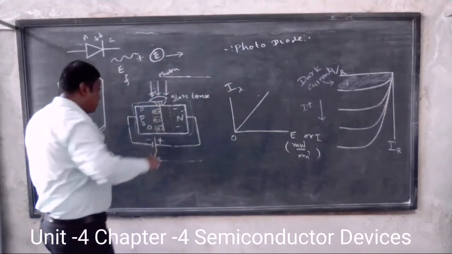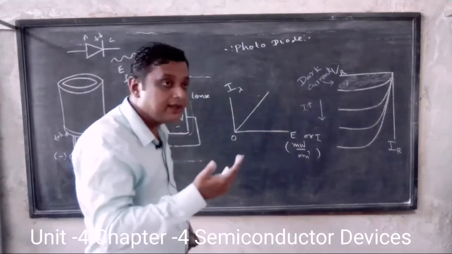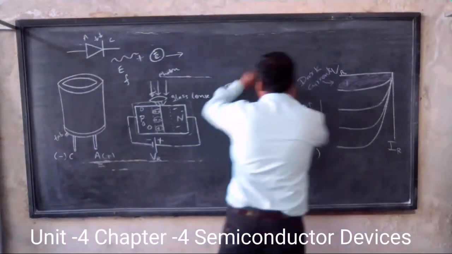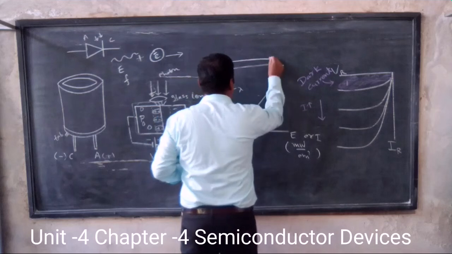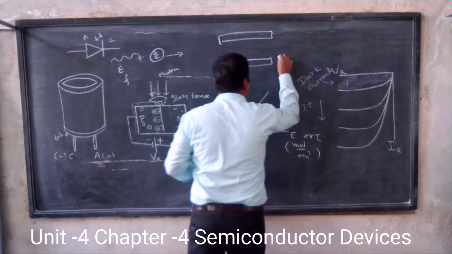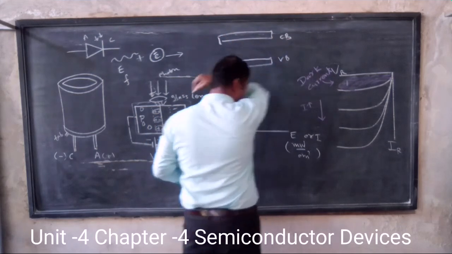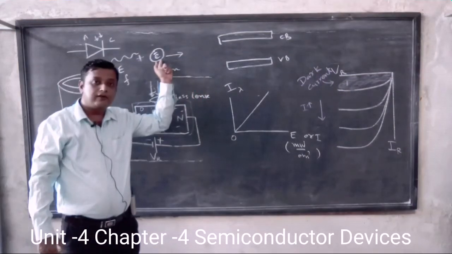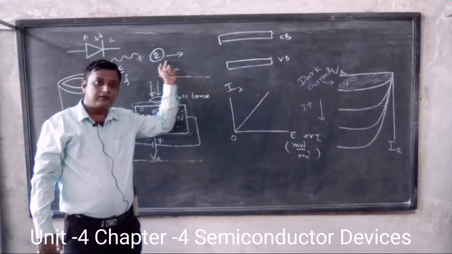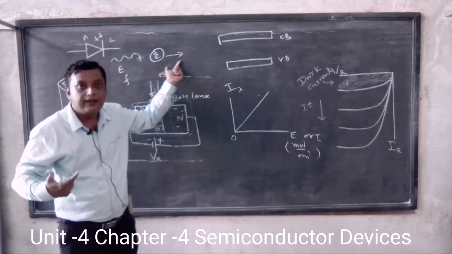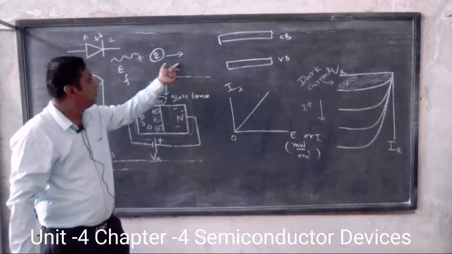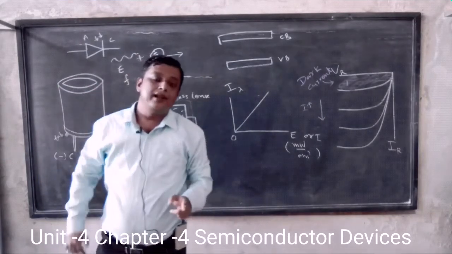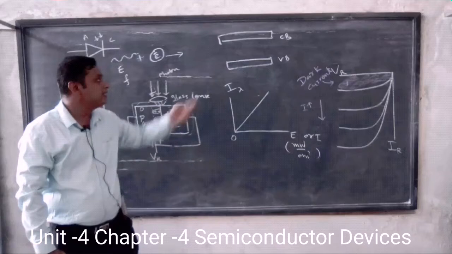So what happens if I draw the valence band as well as the conduction band? This electron is a valence electron, a bound electron, because it is not a free electron, and valence electrons always remain present inside the valence band.